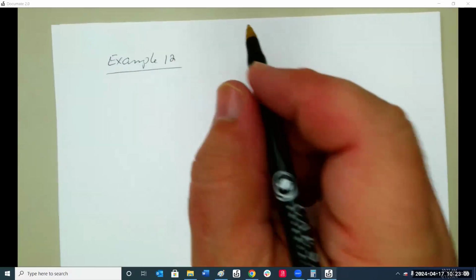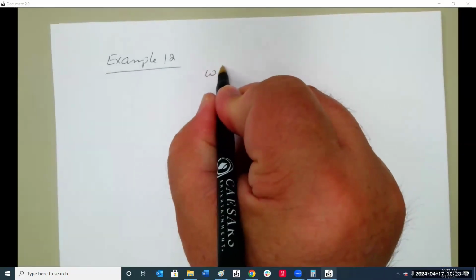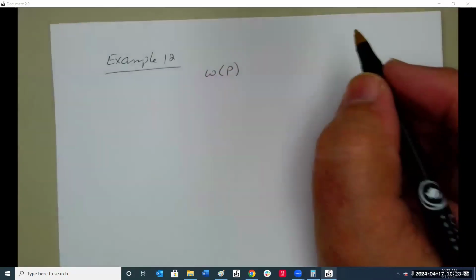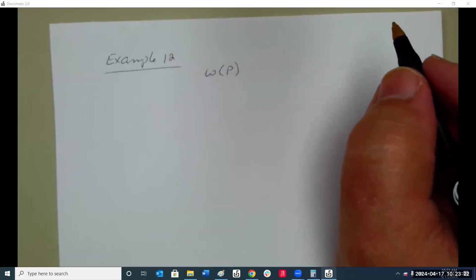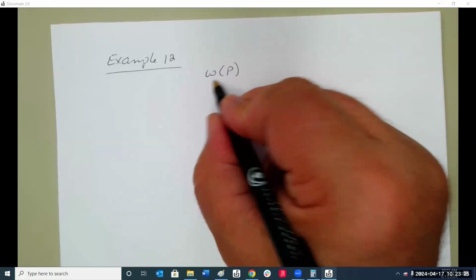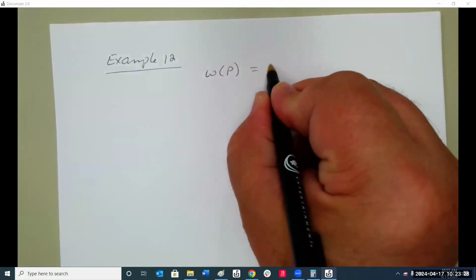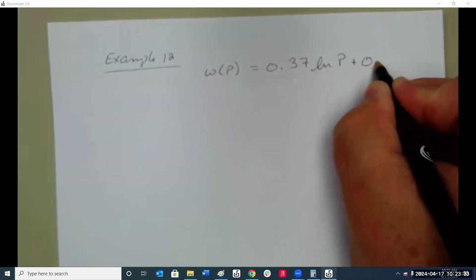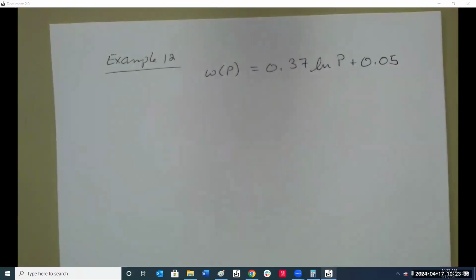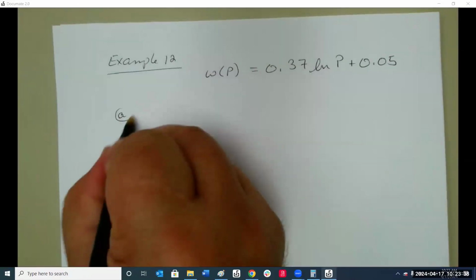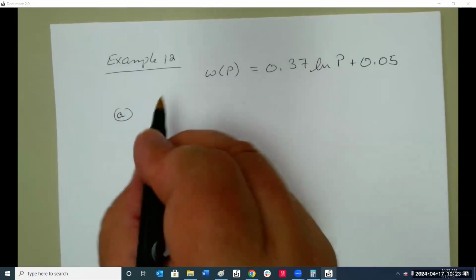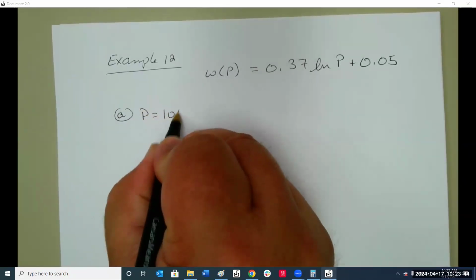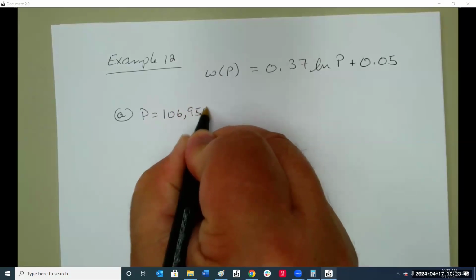Walking speed. In a study by psychologist Bornstein, it was found that the average walking speed W in feet per second of a person living in a city with population P is given by 0.37 ln P plus 0.05. In the population of Billings, Montana, the population is 106,954.